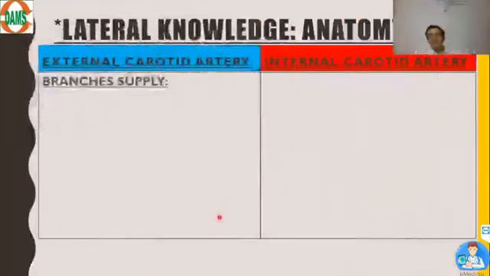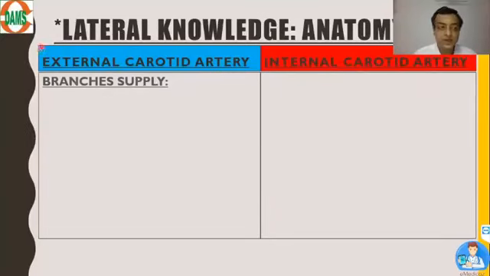So continue further. So what is our knowledge? To understand what the symptoms are, we want to know anatomy. To know the symptoms, as I told you, depends upon the artery affected.